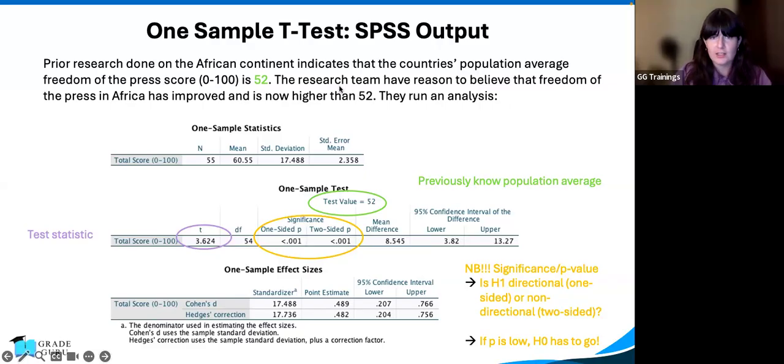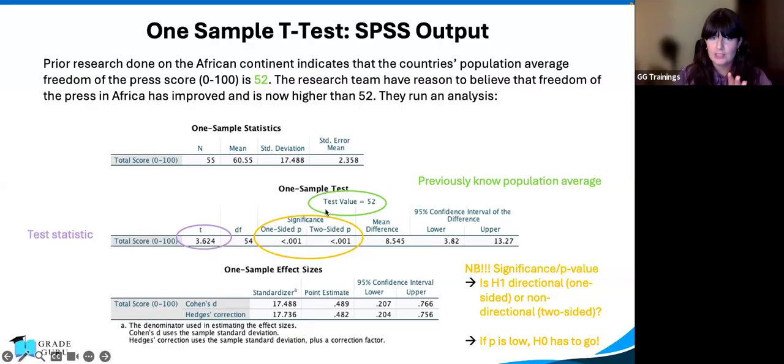If you look at the last sentence, the research team have reason to believe the freedom of the press in Africa has improved and is now higher than 52. So it's directional as higher. So we would choose the one-sided p-value and it's lower than alpha, so we would reject the H0 in this case. But what I'm showing you is that they could only provide you with output and nothing else, and you need to be able to formulate your hypotheses just from looking at this.